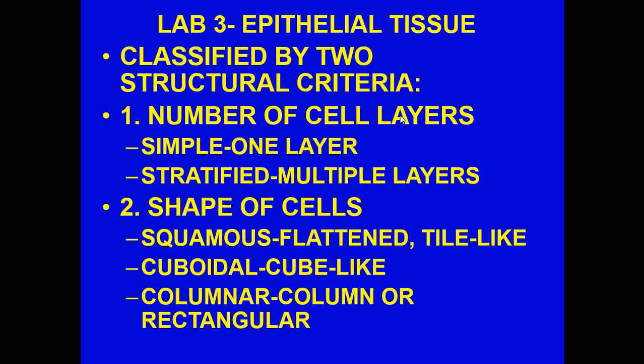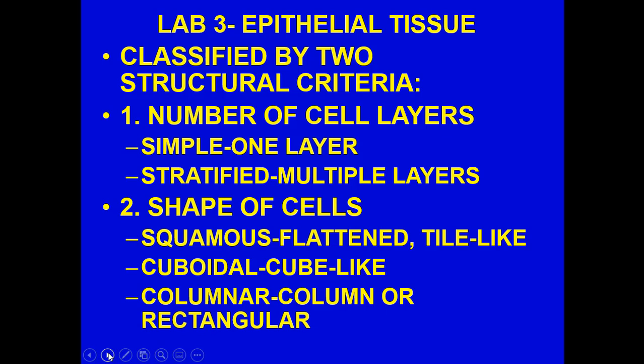Cuboidal, the shape is somewhat cube-like, and therefore you're going to have, again, a centrally located nucleus with more cytoplasmic volume. Columnar is going to look like a column or a rectangular shaped structure. The nucleus may be a little bit more oval in shape, but you note that you will have a much larger amount of cytoplasm.